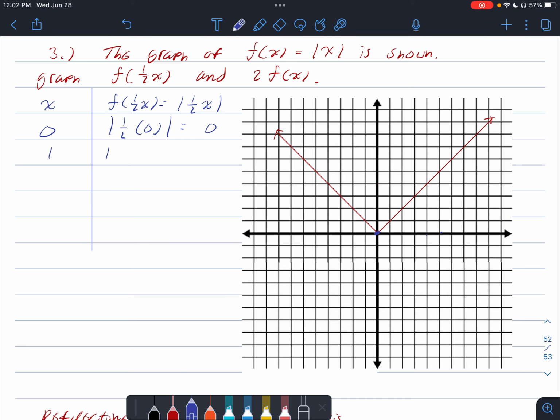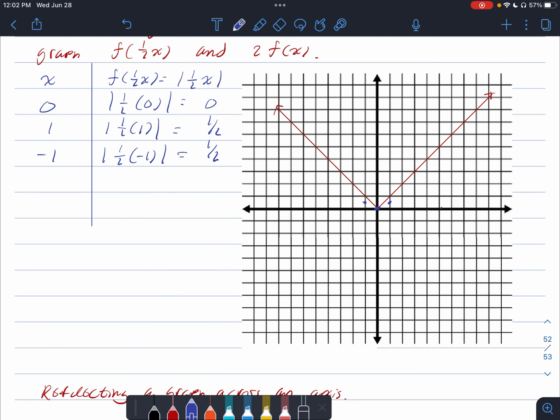If we plot the point 1, we'll have 1/2 times 1, which is the absolute value of 1/2, which is going to be 1/2. So at the point 1, we're going to have 1/2. If we plot the point -1, we'll get 1/2 of -1, which is the absolute value of -1/2, which is again just 1/2.